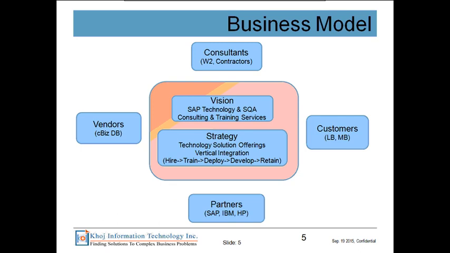Our business model from Coach as a company, obviously our vision is SAP technology, consulting, and training services, and also including SQA, which is software quality assurance. Strategy is technical solution offerings in the SAP space using vertical integration.